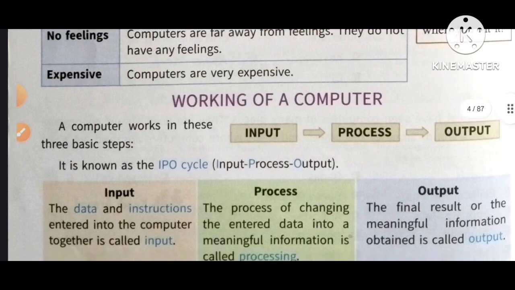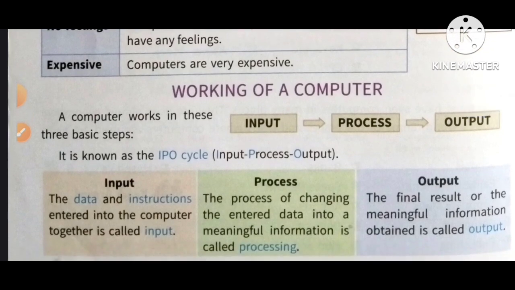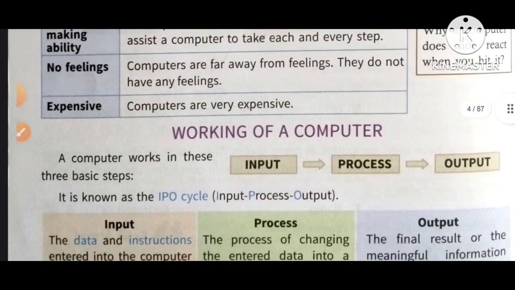Okay, now we are going to talk about how a computer works. A computer works in three main steps: input, process, and output. These are the basic steps.